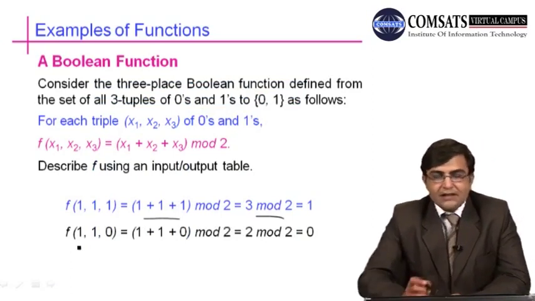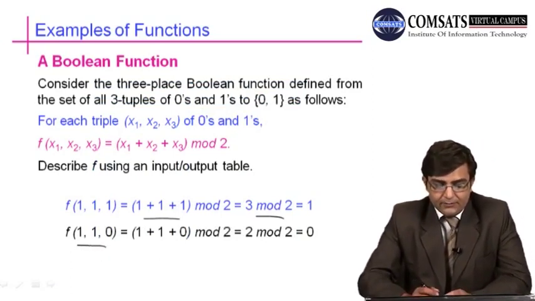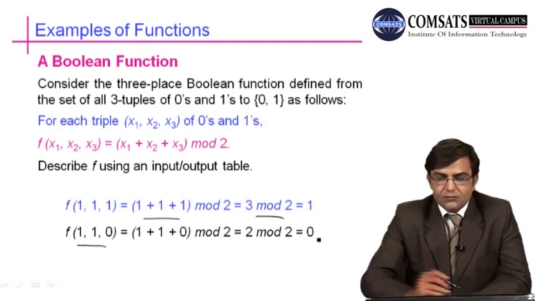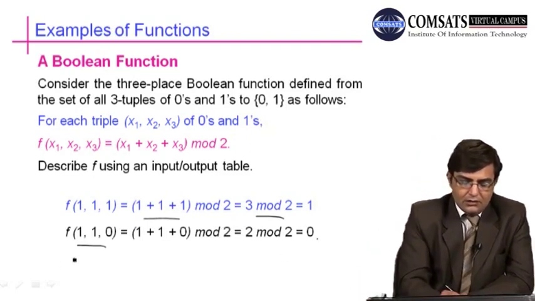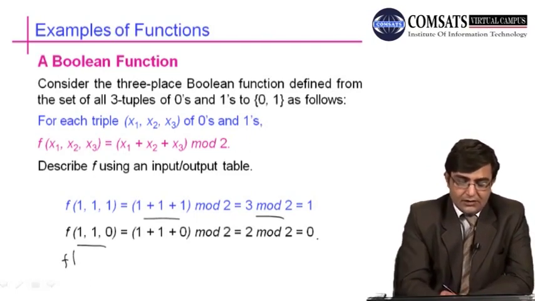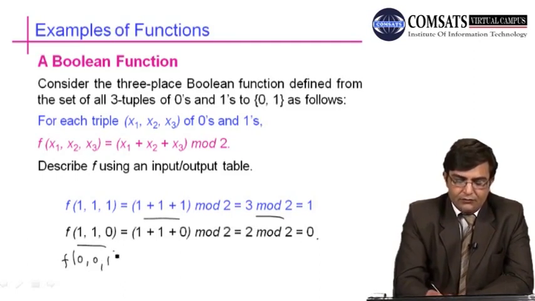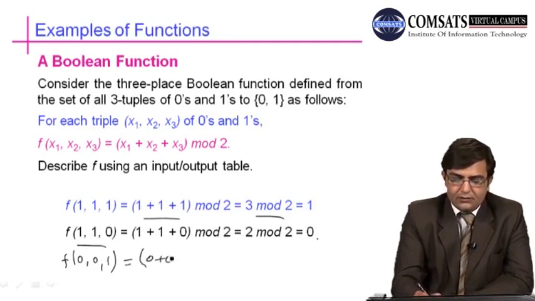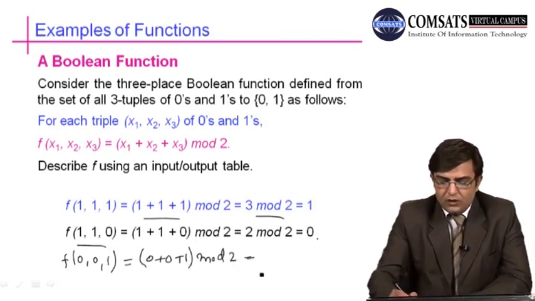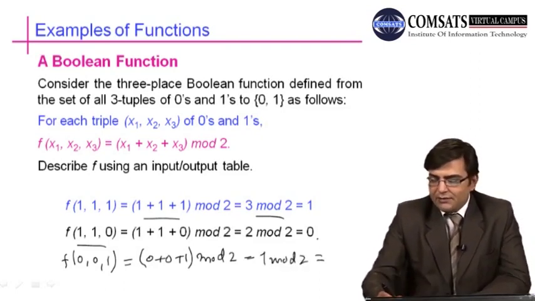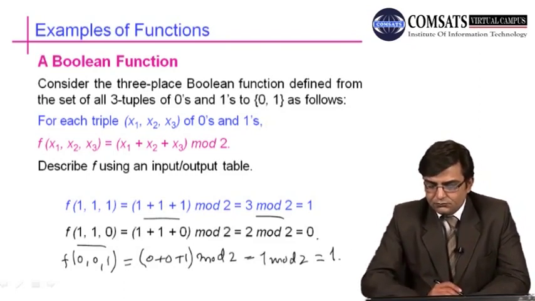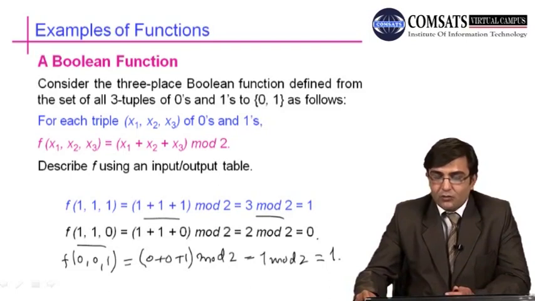If exactly two of x1, x2, x3 are 1, then we have 0. If two of them are 0, for example 0, 0, 1, then we write 0 plus 0 plus 1 mod 2. This is 1 mod 2, and you know that when 1 is divided by 2, the remainder is 1, because 2 doesn't divide 1, so 1 comes as it is.